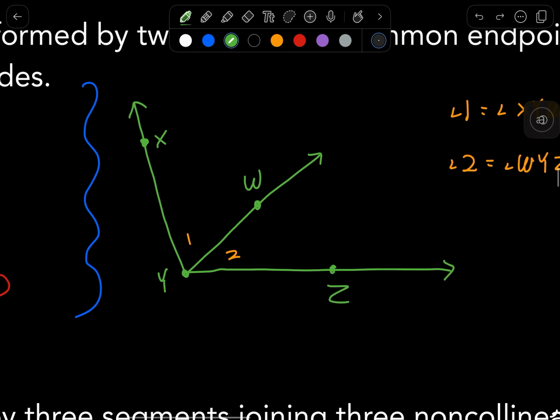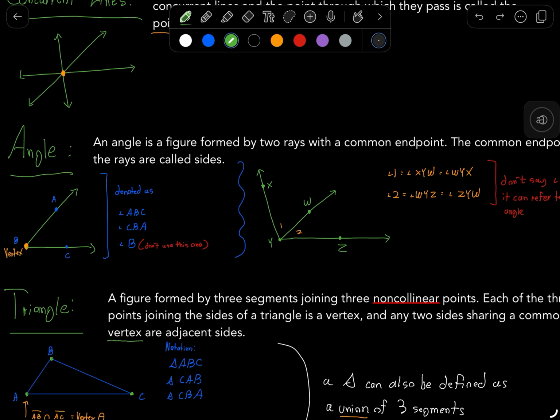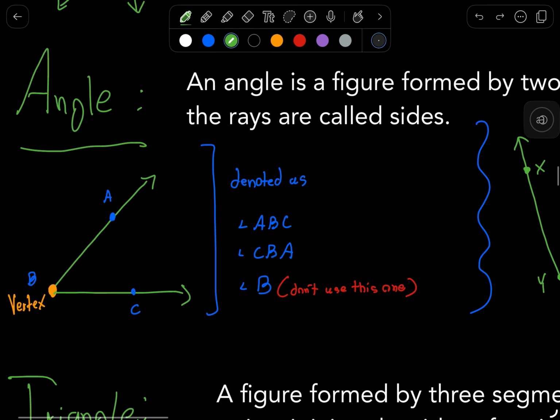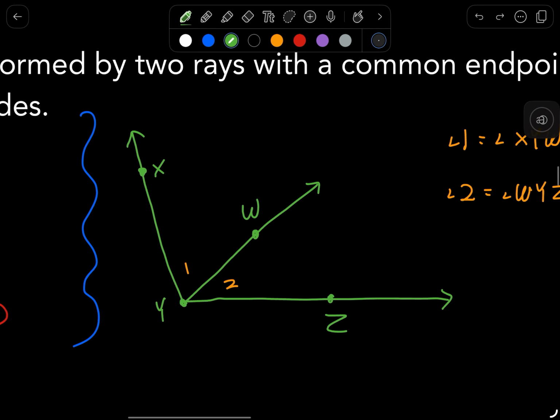Now, I actually do want to go over this before we move on, and this will also explain why I don't recommend using angle B. In this diagram, you see multiple angles. For example, angle 1 here is referring to this specific red area, and angle 2 is referring to this purple area.